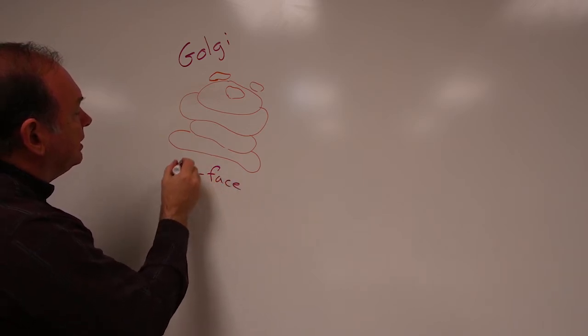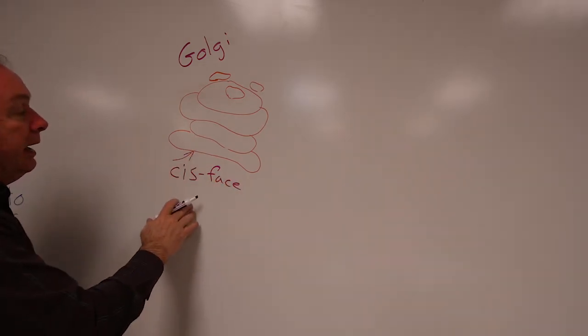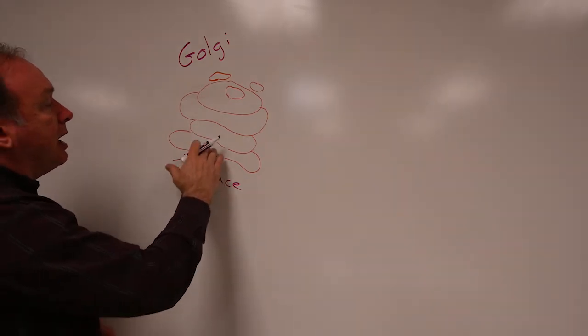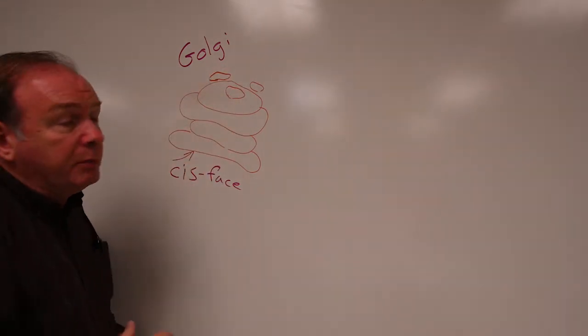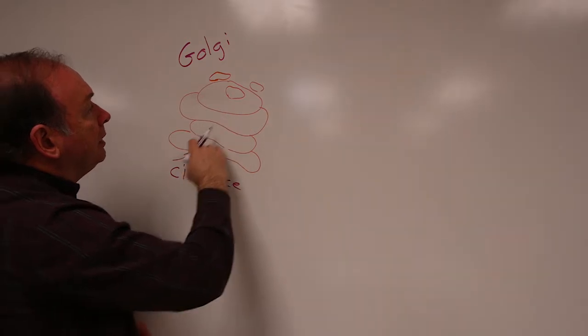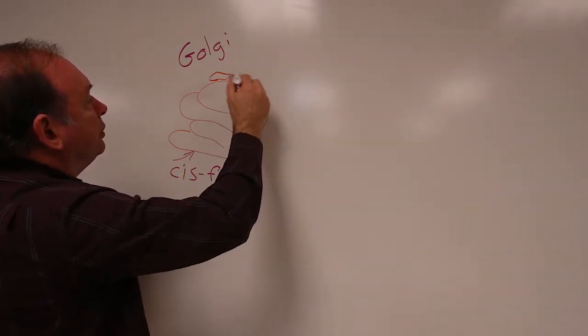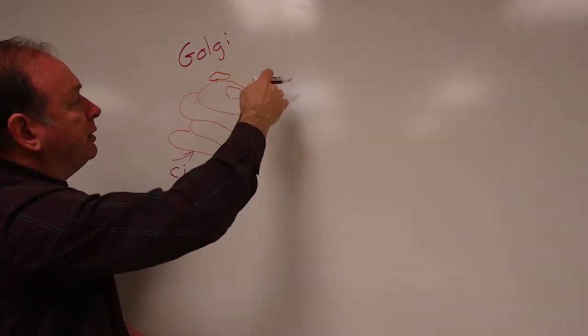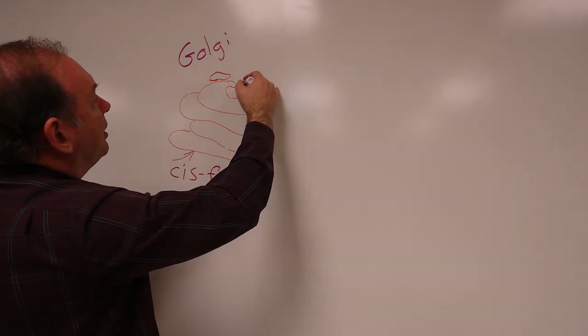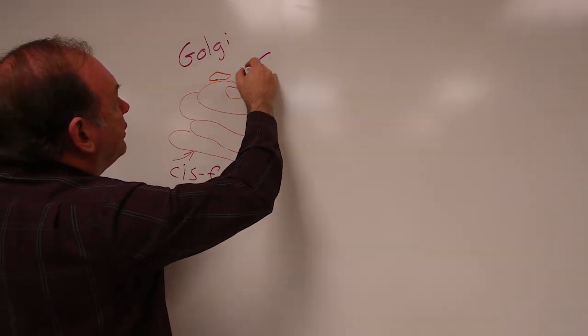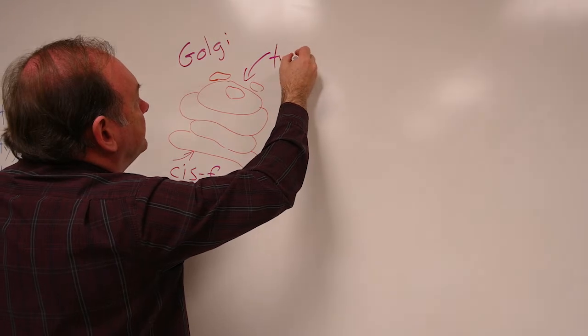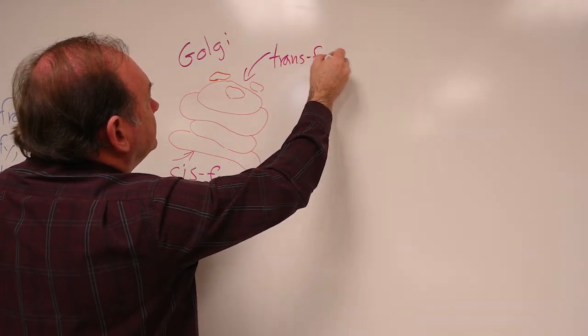And this is closer to the nucleus. The top, as we stack these layers of membrane-bound spaces up, as we go to the other side, this is closer to the outer cell membrane or plasmalemma up here on the surface, and this is referred to as the trans face.